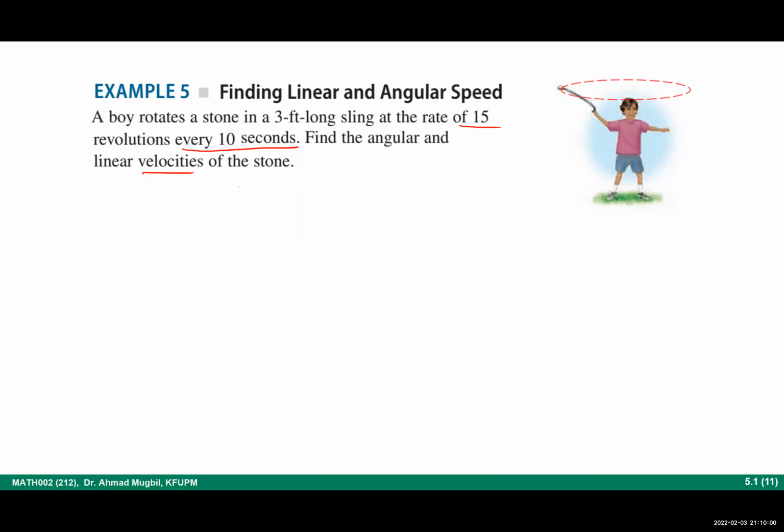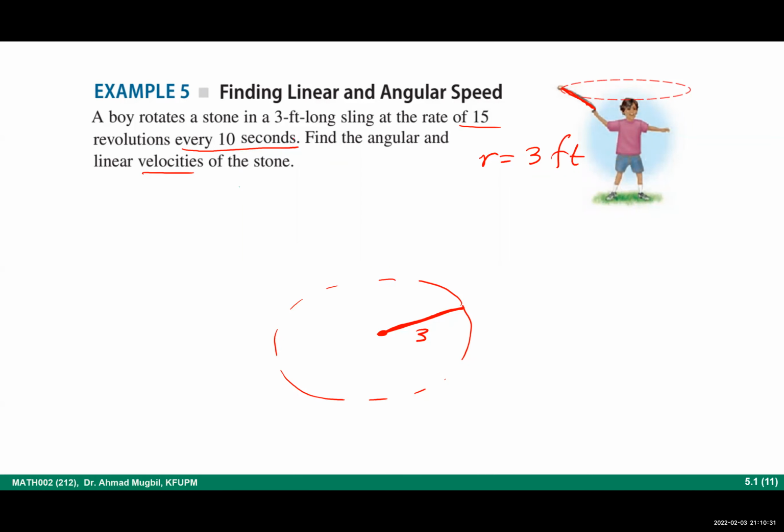Imagine that you are in the place of this boy, rotating a stone at the end of this rope. This is the sling that we have. When you rotate it this way, the length of the sling or the rope will be the radius. So we have here r equals 3 feet.